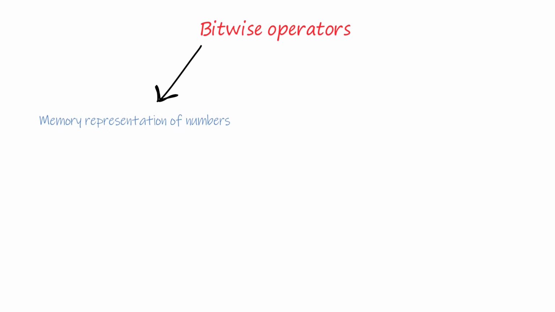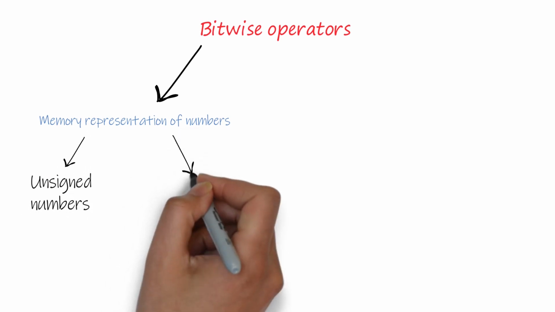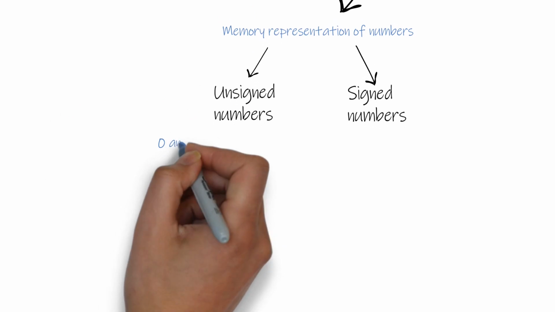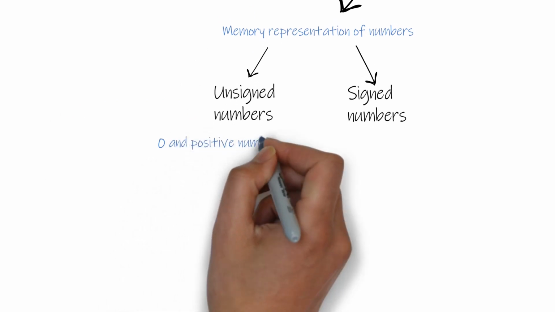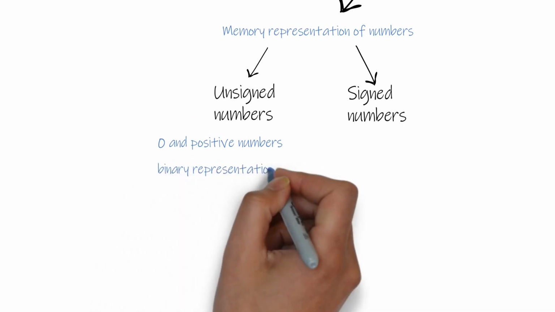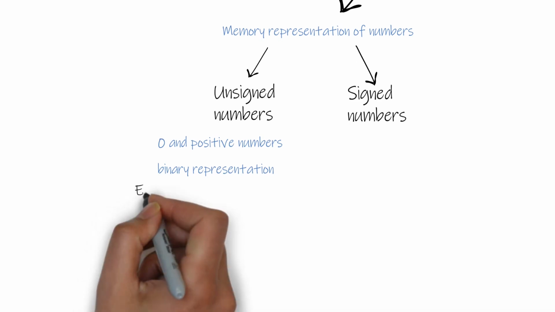Every major programming language divides the numbers into two major categories. One is unsigned numbers and the other category is signed numbers. In unsigned numbers, we have 0 and all positive numbers. Most modern computers use a binary number system to represent unsigned numbers.